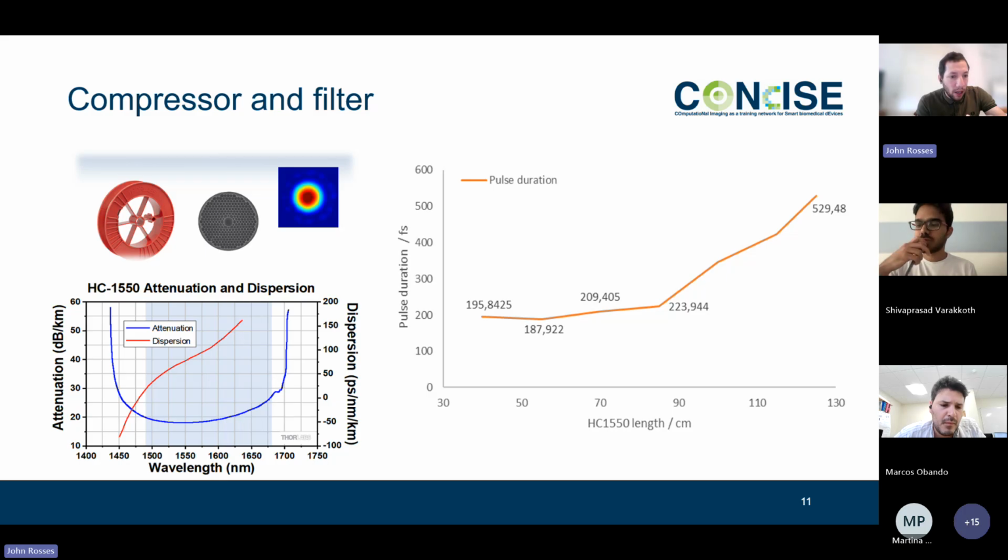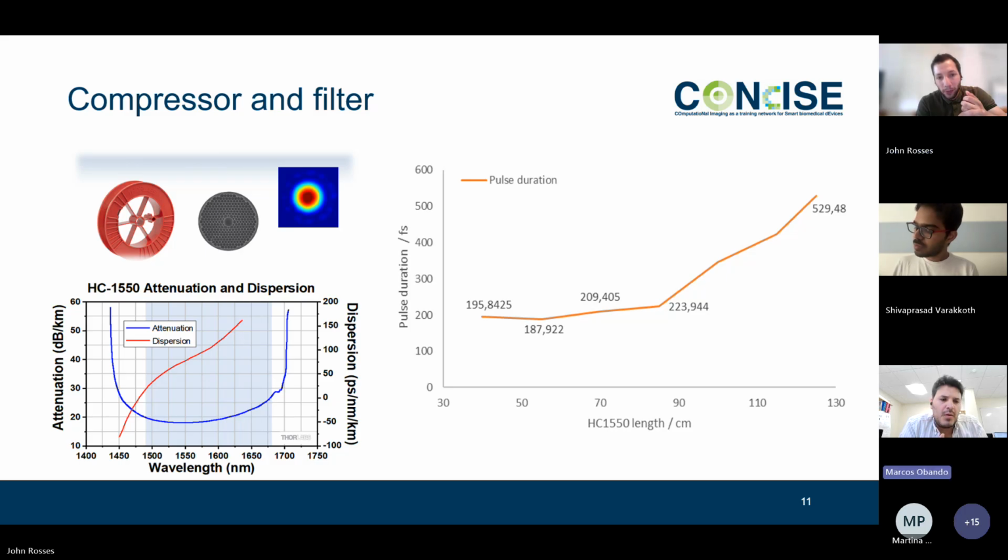The necessity of a hollow core is because we are working with a high peak power, and in another medium this is going to generate nonlinear effects not desired for this case. So the hollow core has air inside, and air has a very low nonlinear coefficient. So the nonlinear effects are not going to appear, and the compression with the dispersion is what is going to make the magic.